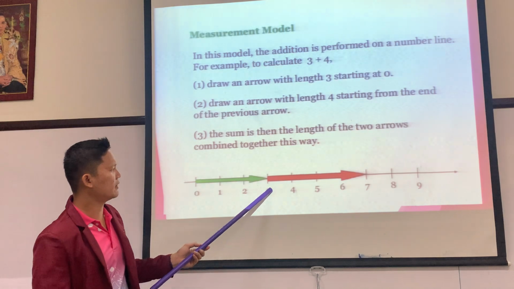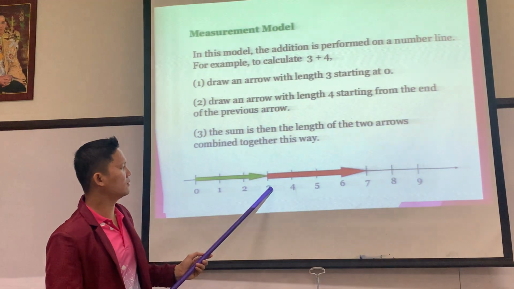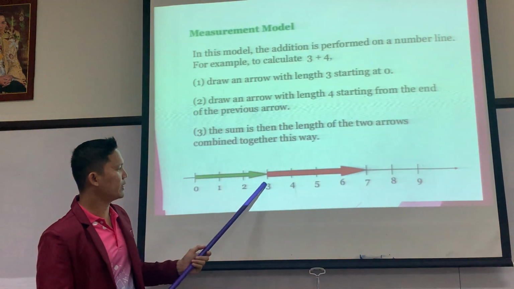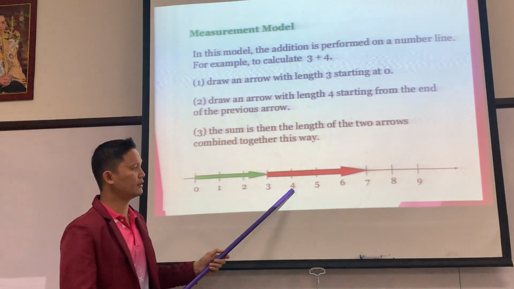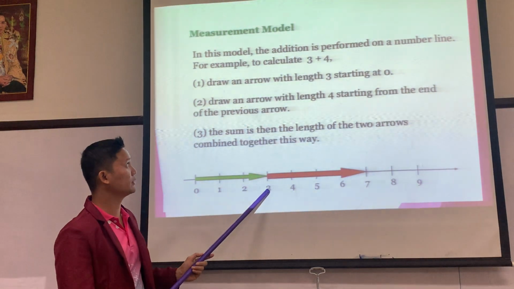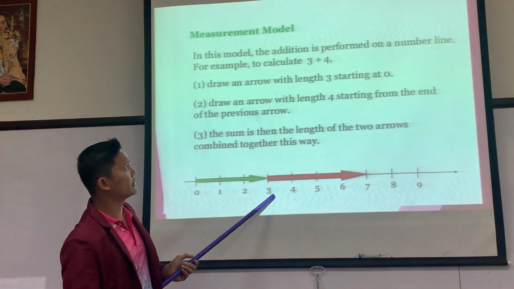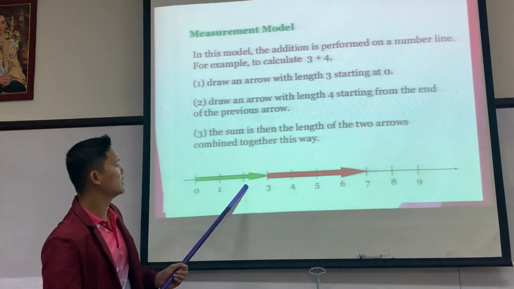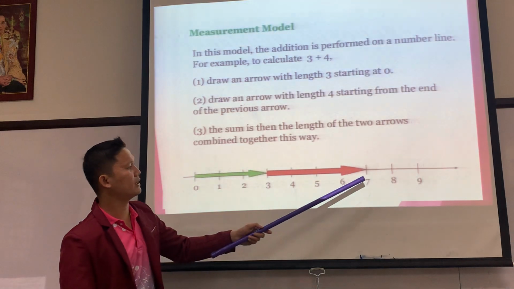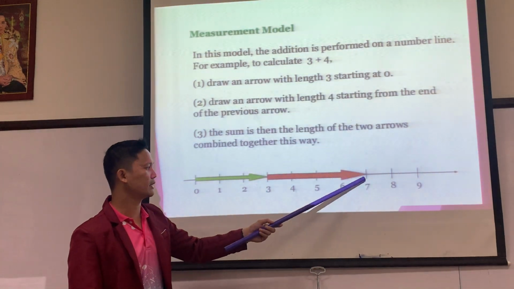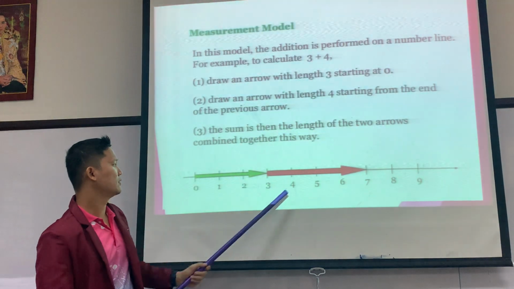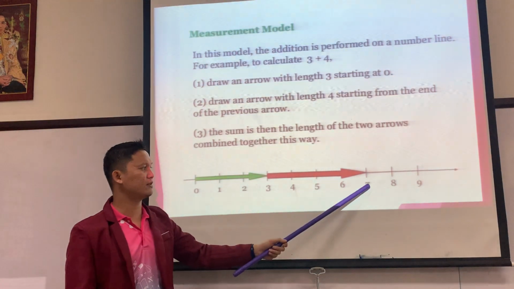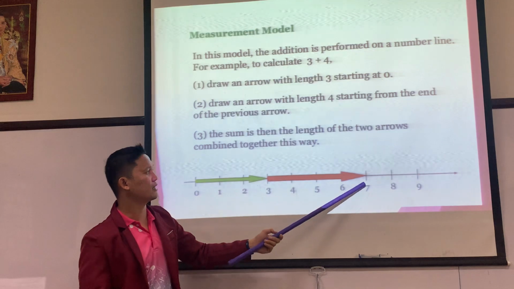From here, we add another step or jump. So if we write the total, we stop the arrow here at 7. So 3 plus 4, then the arrow stops here, at 7.